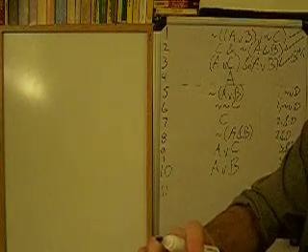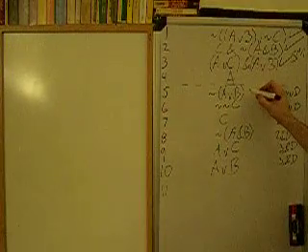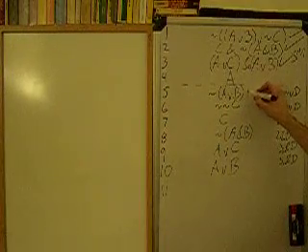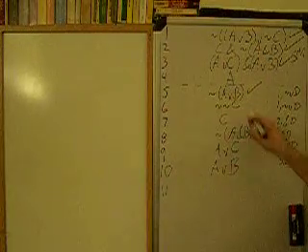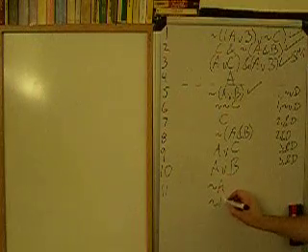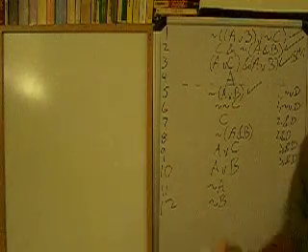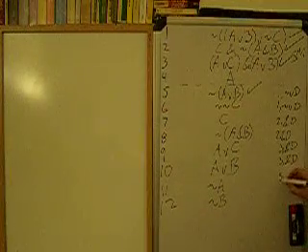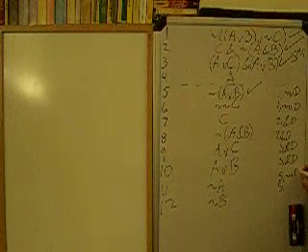Line 11, we go to line 5, and we decompose a negated disjunction. If it is not A or B, then it is not A, and it is not B. Line 12, we have not B. So that's line 5, a negated disjunction decomposition.